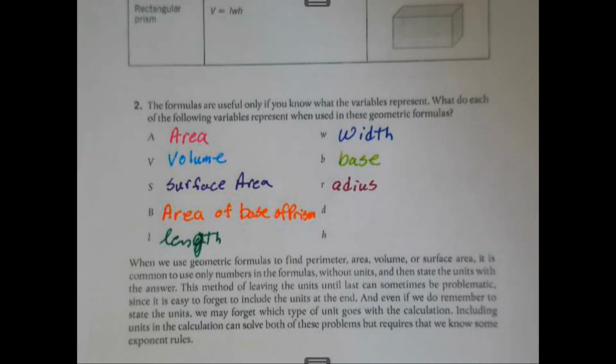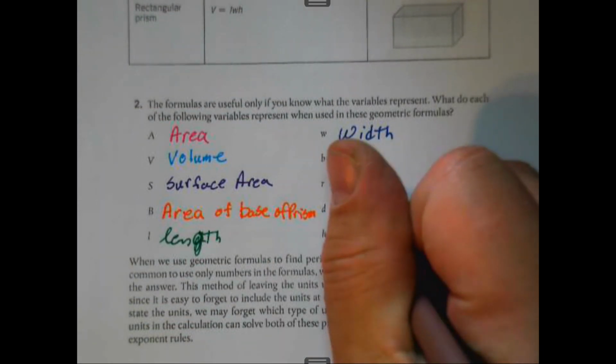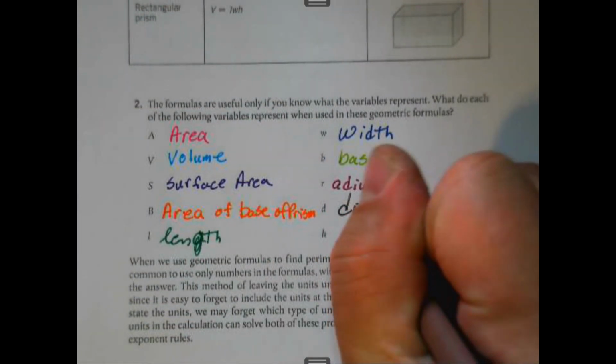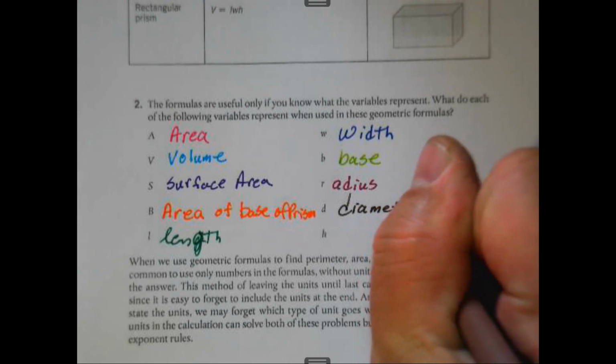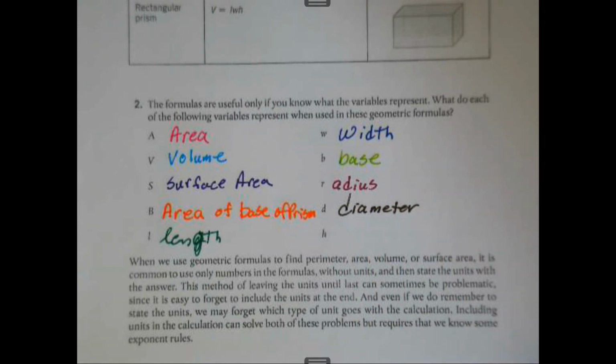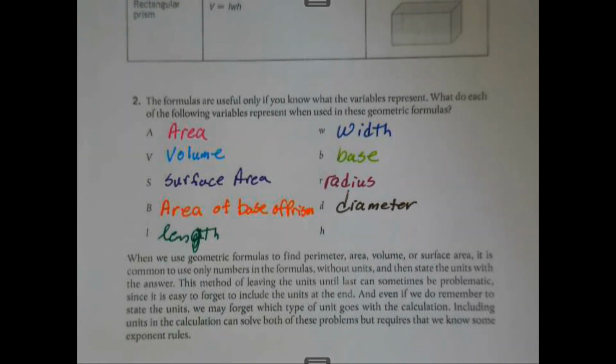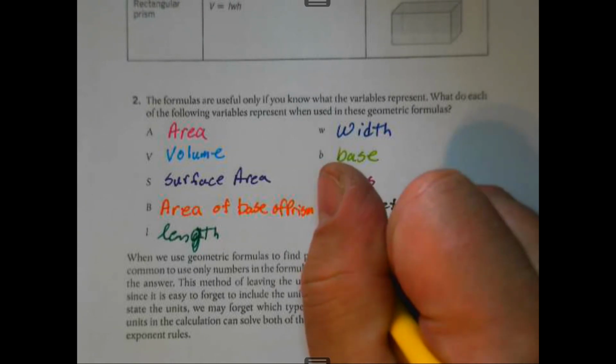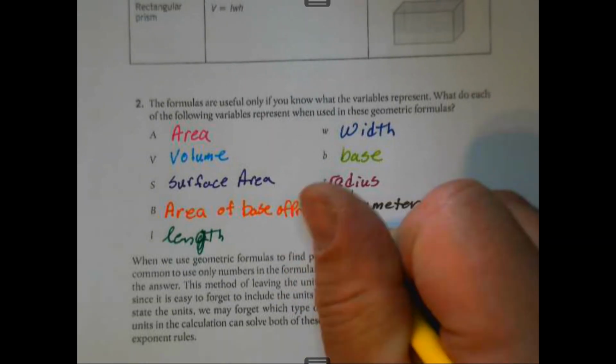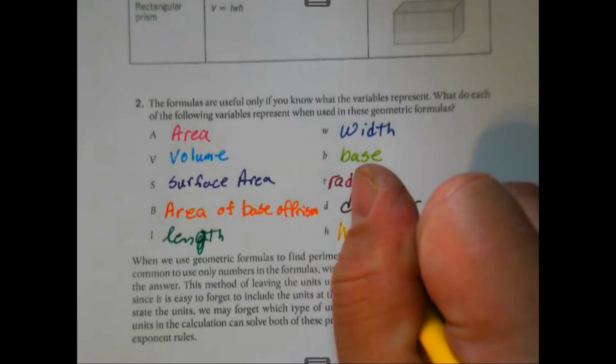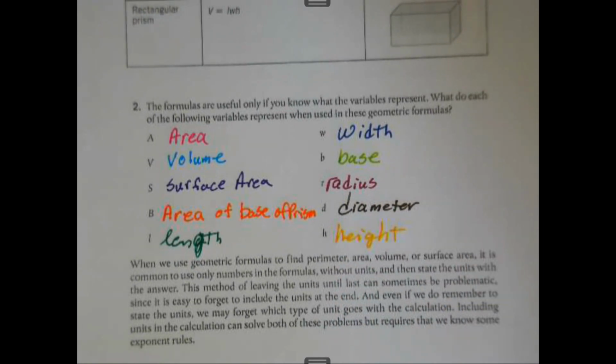Little d, diameter. And h represents the height. Little h is height. Okay.